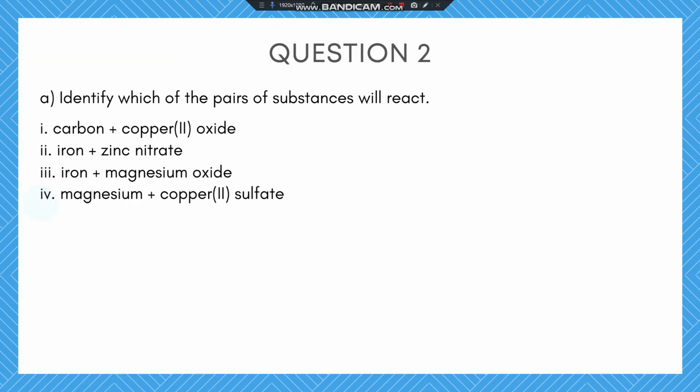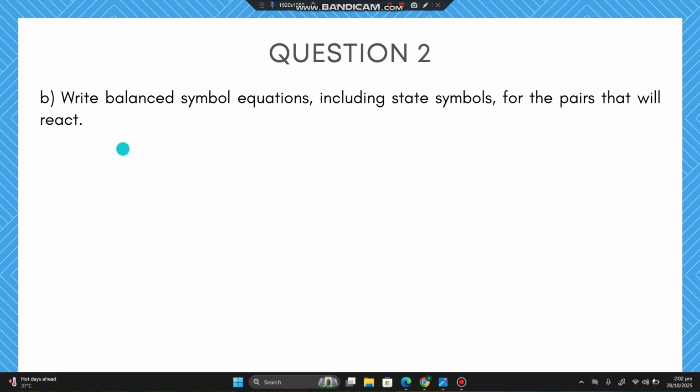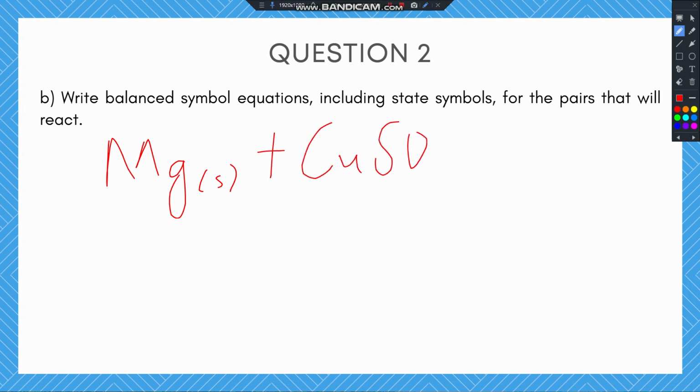The last pair says magnesium plus copper 2 sulfate. So we have magnesium and copper 2 sulfate. Magnesium has the symbol Mg, solid, and copper 2 sulfate, CuSO4.